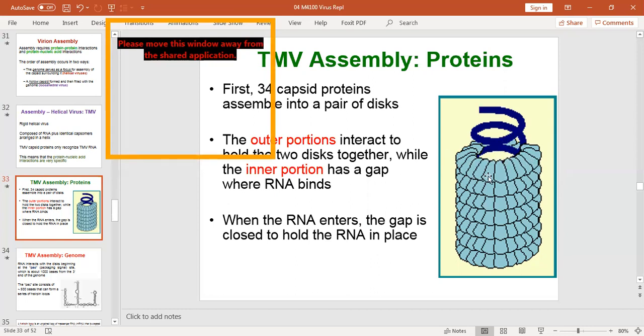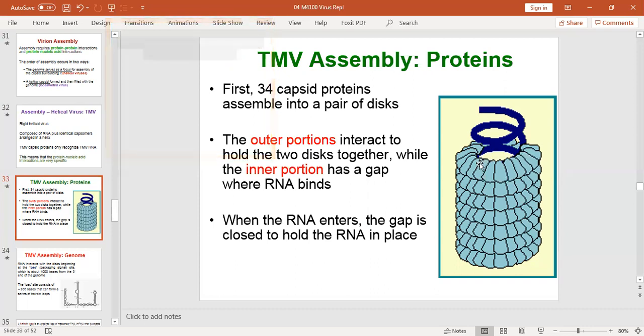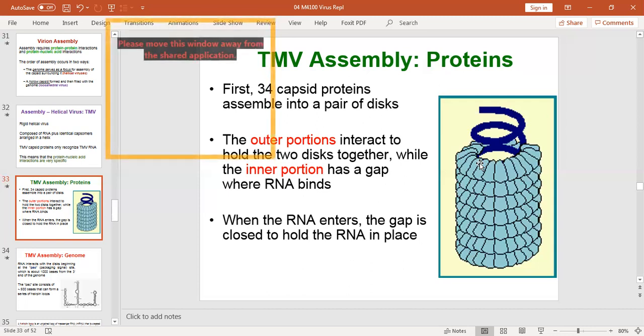So the outer portion of these two initial capsids allows the capsids to be held together, and the inner portion is a region where there's a gap and RNA binds. And when the RNA enters into this structure, the gap is closed, and that will hold RNA in its place.